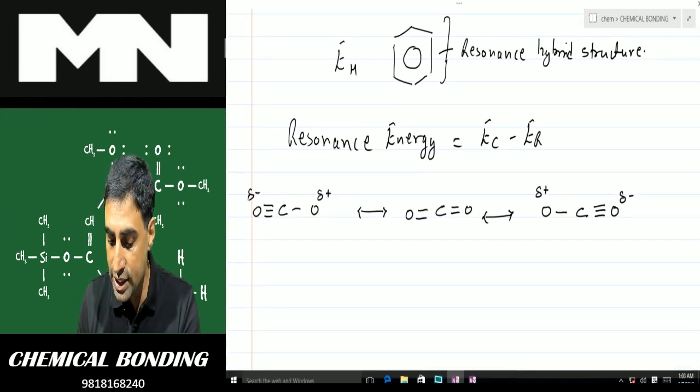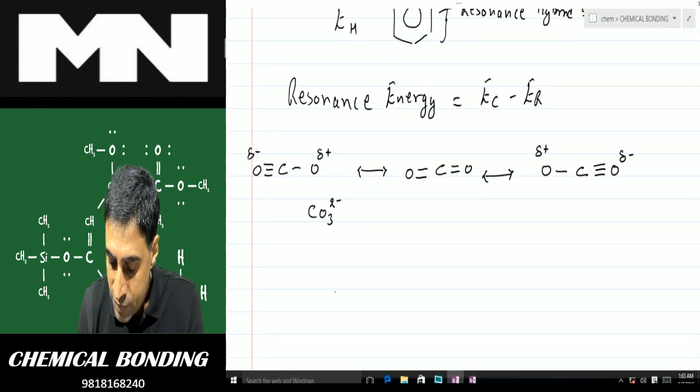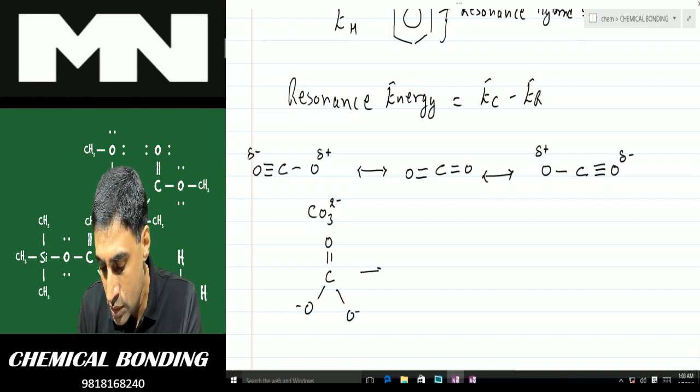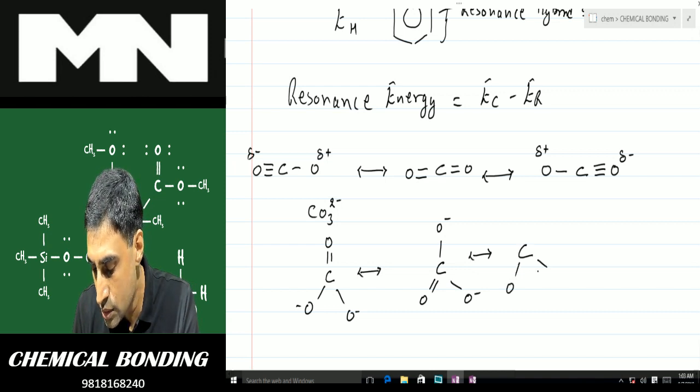Next we'll see resonating structures of carbonate ion, that is CO3 2 negative. Well, a carbonate ion can be drawn like this, CO3 2 negative. The pi electron and charge both will move. So the next structure will be like this. Still the next structure will be like this.